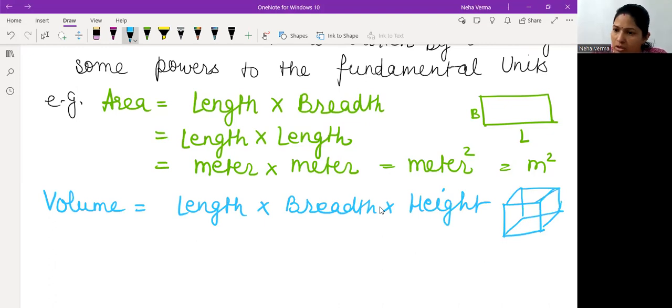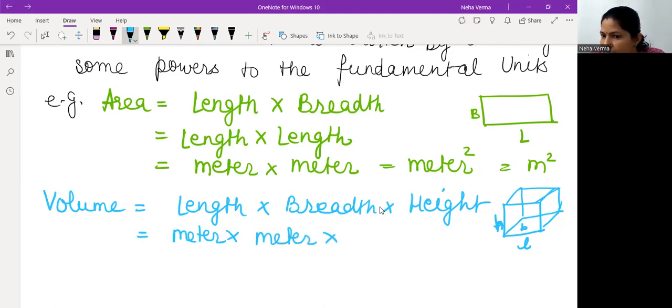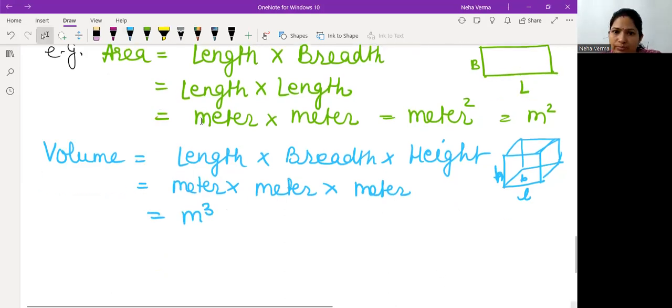This is its length, breadth, and this one is height. Length is measured in meter, breadth is also a distance explained in meter, and height is further explained in meter. That is, the derived unit for volume is m cube.